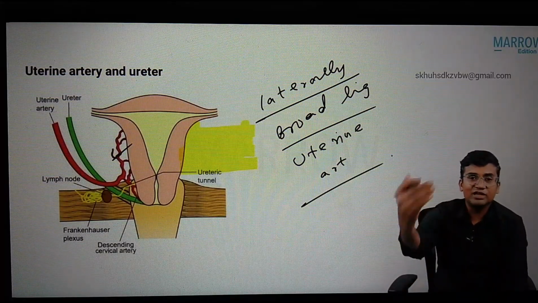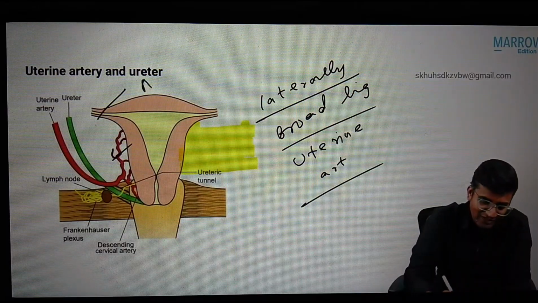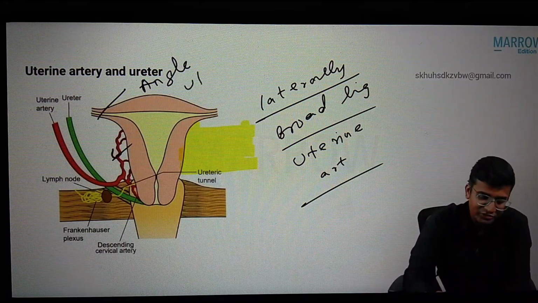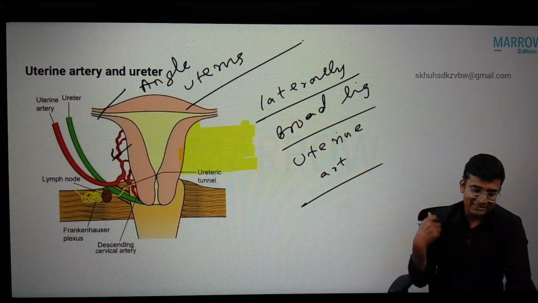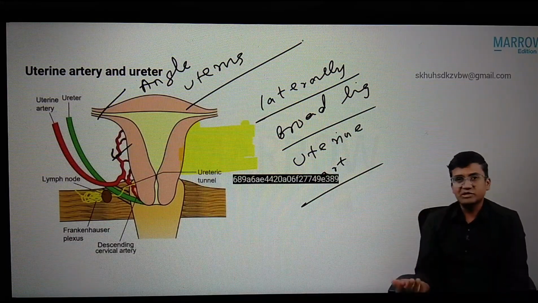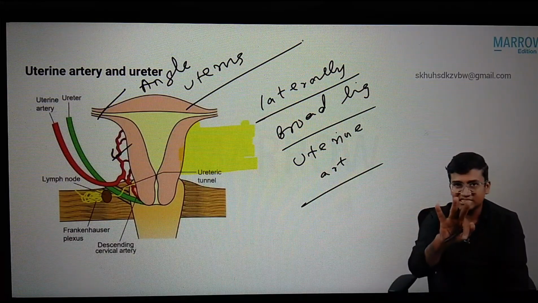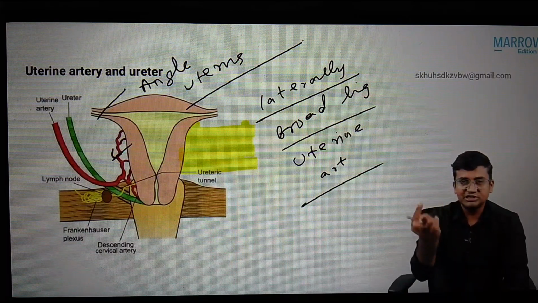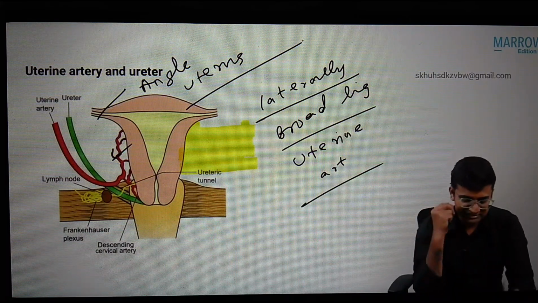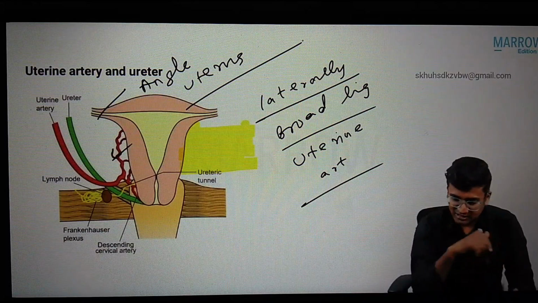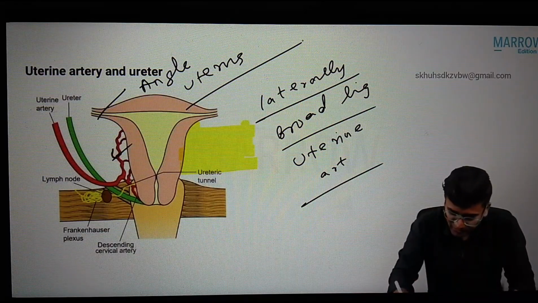And in the upper part of the lateral border, we have the angle of the uterus. Just now I told you, in the angle of uterus, we have three structures attached from anterior to posterior: round ligament, fallopian tube, and the ligament of ovary. Very good, and that's all about the body.